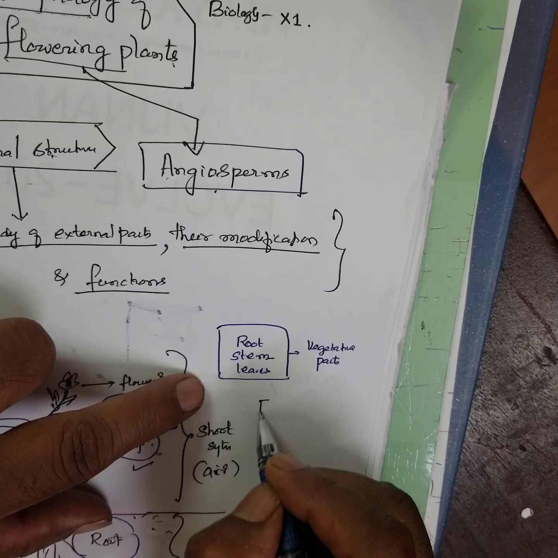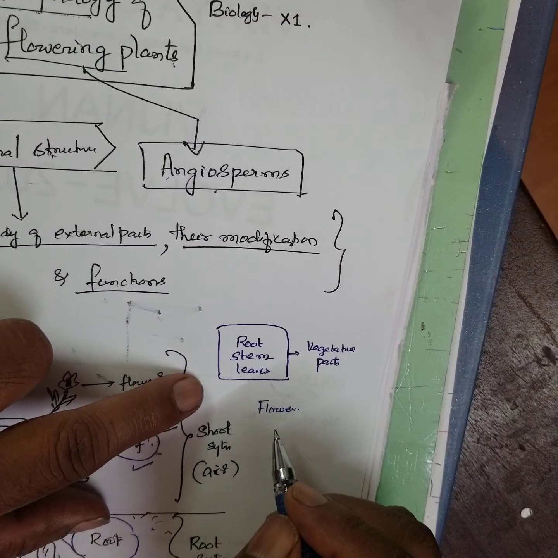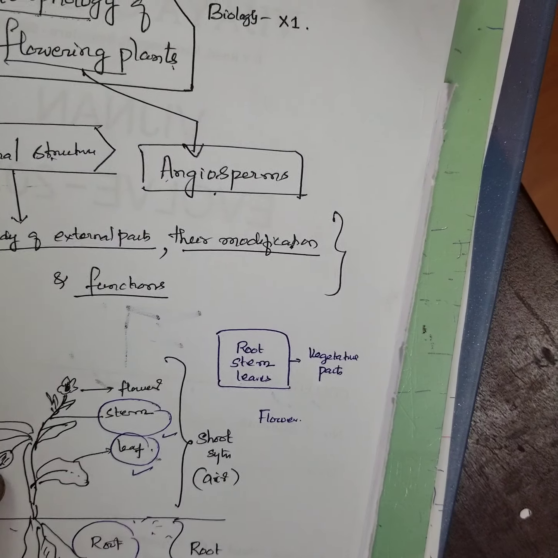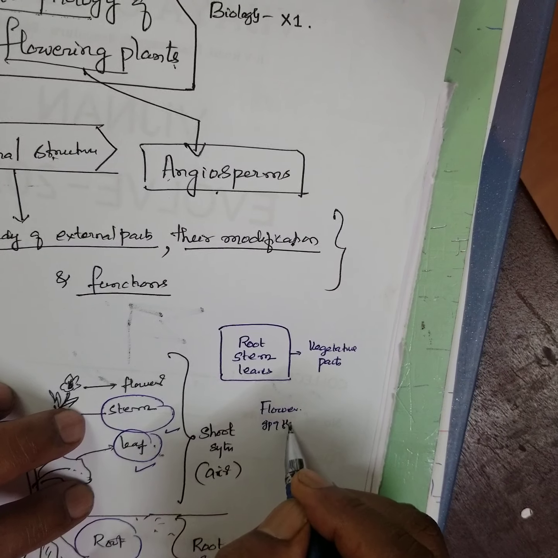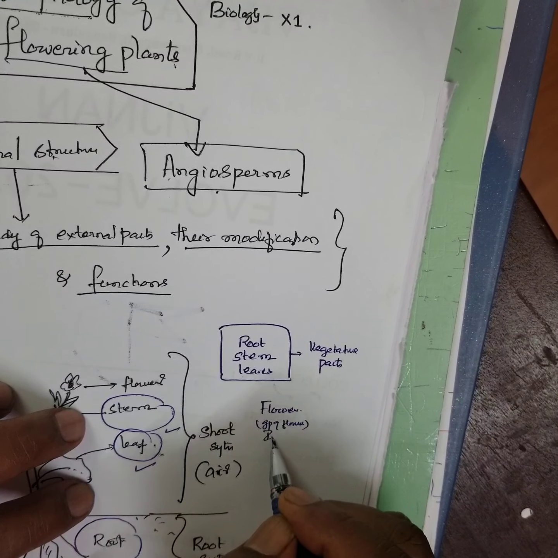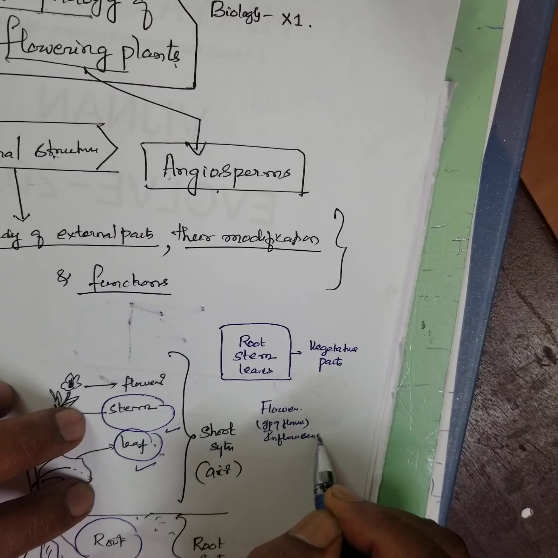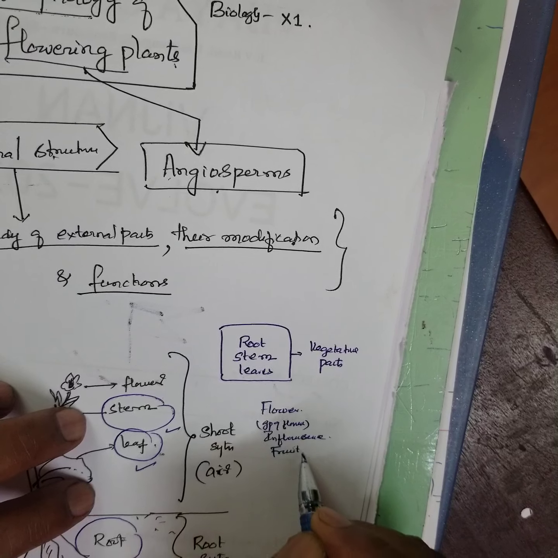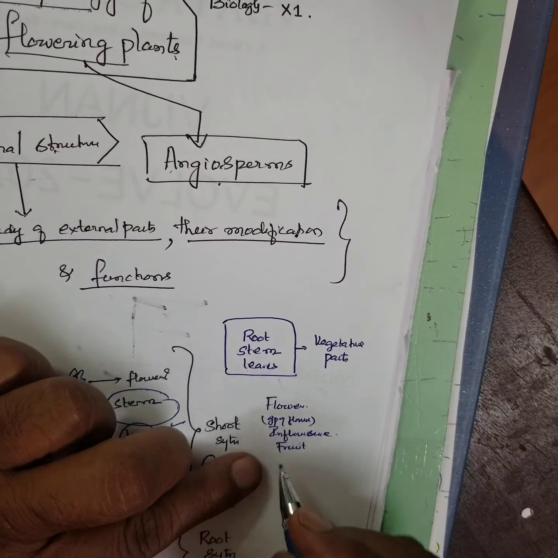Now flowers, and a group of flowers has a special name, called inflorescence. And next fruit and seed.